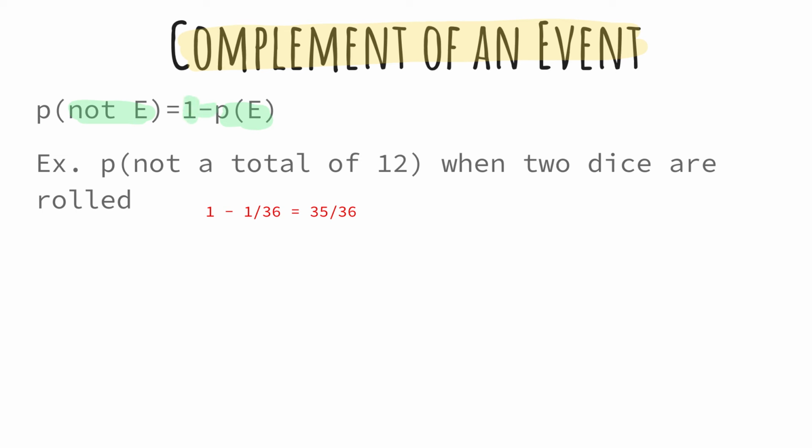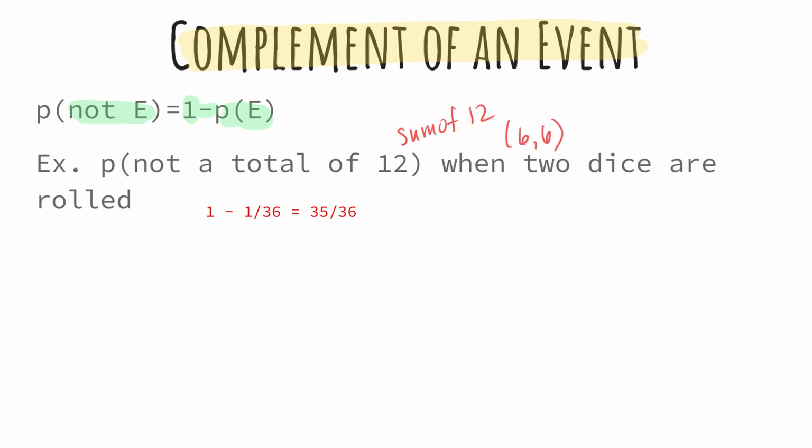So here's an example. What's the probability of not having a sum of 12? First, we're going to find the probability of getting a sum of 12. Well, there's only one way that you can get a sum of 12, and that's if you roll a double 6.